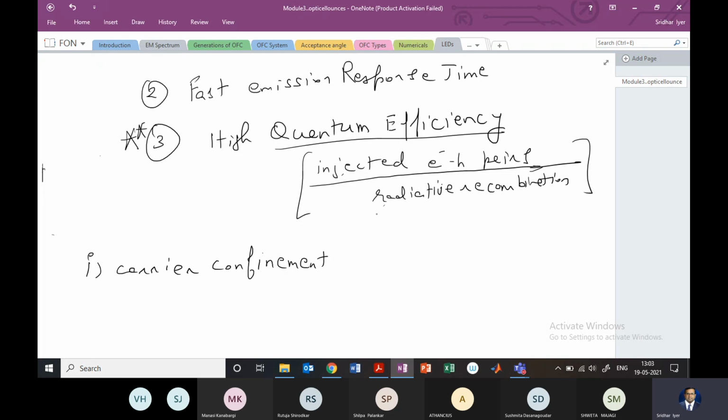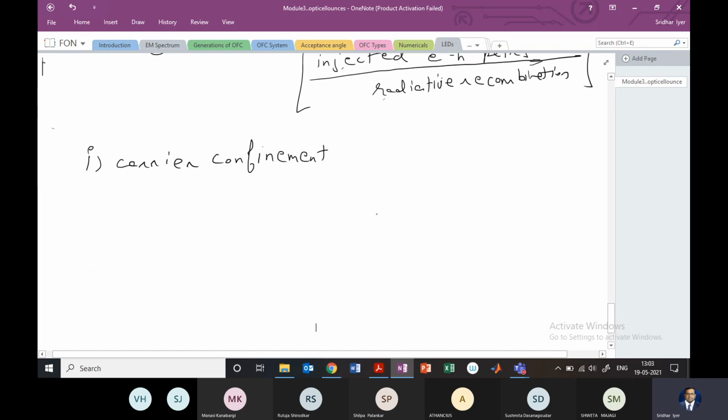Just to give you an idea of the LED structure, we don't have enough time to start with the structure, but just to motivate you towards it, to have this carrier confinement and ensure high output efficiency in terms of radiation, we have two types of LEDs.